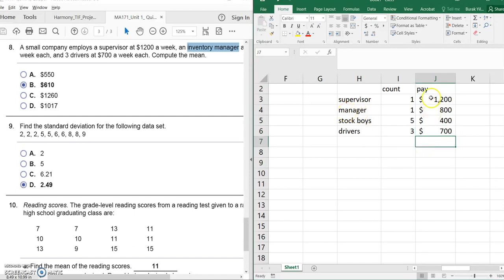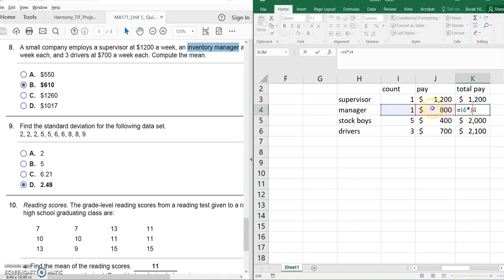So the mean is, you basically need to calculate total pay. So total pay is, you need to multiply these two columns. Since you have one supervisor, how much you pay to the supervisor is $1,200. And there's one manager who gets paid $800.